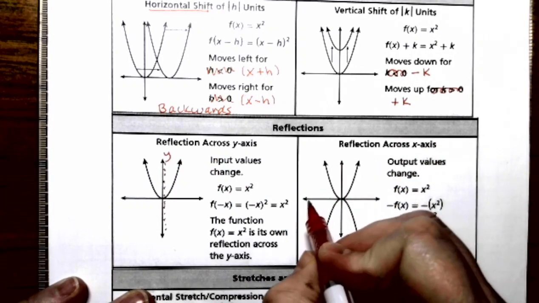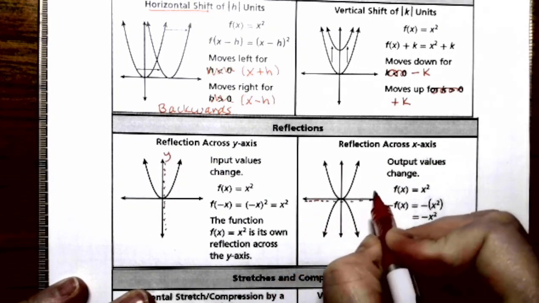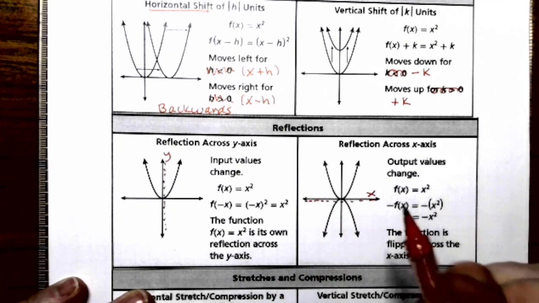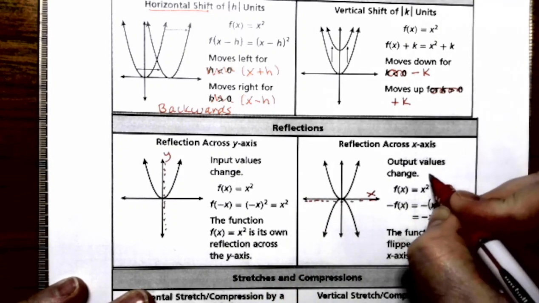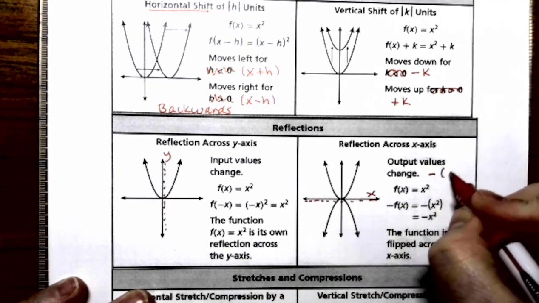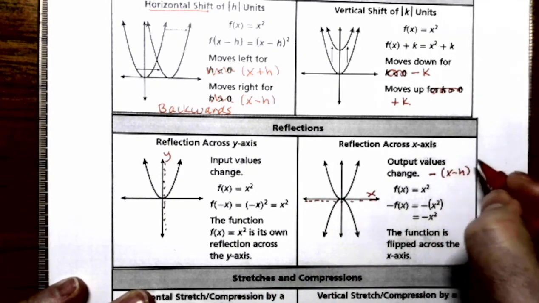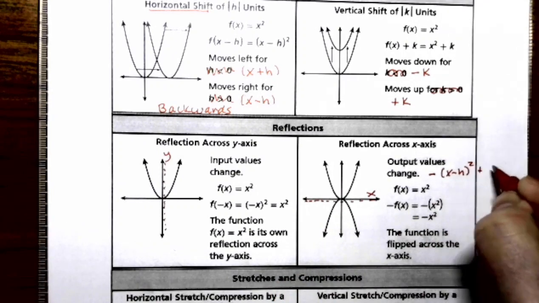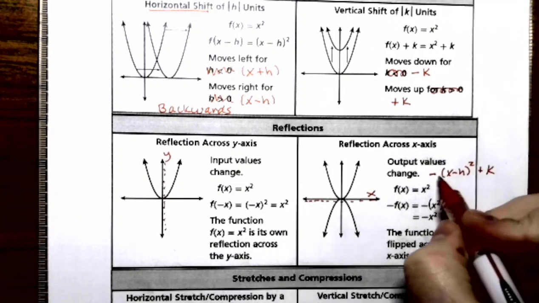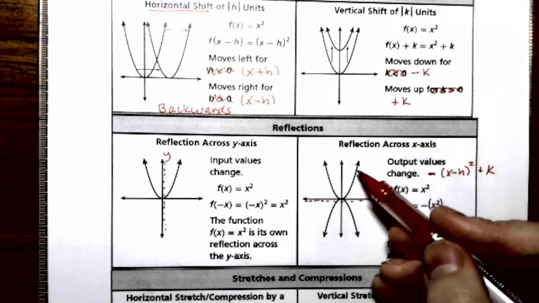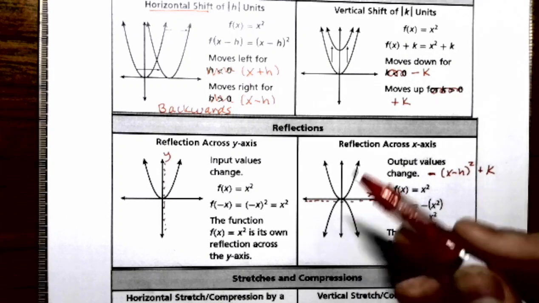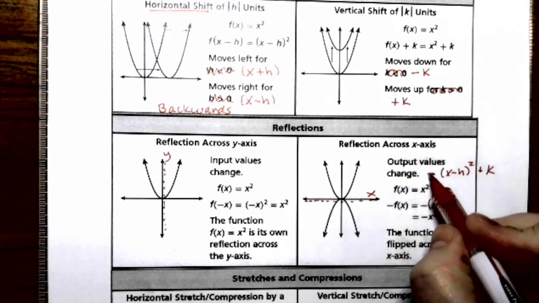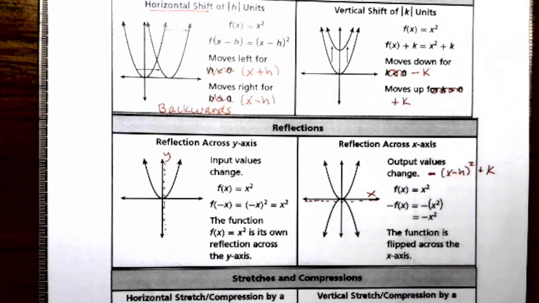Now, reflection across the x-axis is different. Here's your x-axis. So for this one, you're going to have a negative in front of the (x minus h) parentheses, plus k. And if you have a negative in the front, it's going to flip from the top to the bottom or the bottom to the top. And again, this negative is outside of the parentheses.